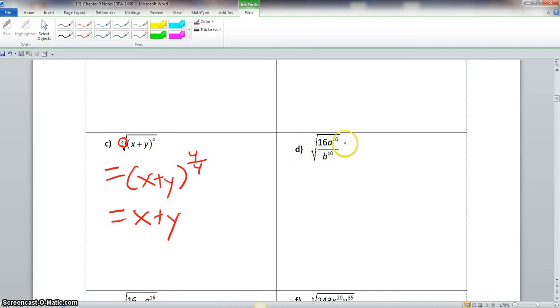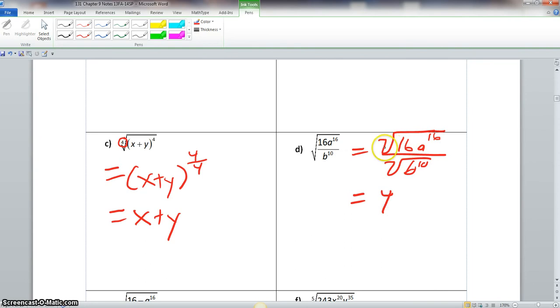Now we come here to D. We have the square root of 16a to the 16 over b to the 10th. So we could separate that: the square root of 16a to the 16 all over the square root of b to the 10th. Now let's rewrite this as an exponent. First of all, we know the square root of 16 is just 4.